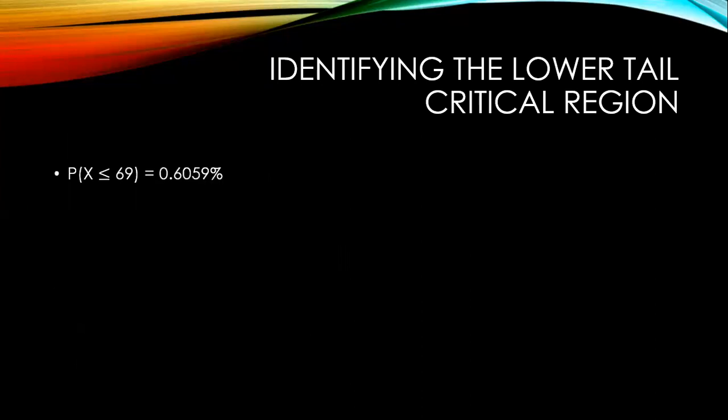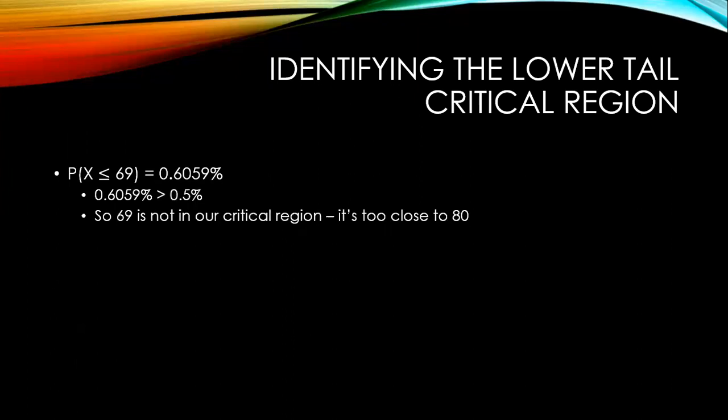So I'm just writing out the probabilities we just got. With 69 or fewer successes, we had a 0.6% chance, and that's bigger than 0.5%. That tells us that 69 is not in our critical region. So the probability that we get less than or equal to 69 successes from our investigation about brown eyes is bigger than the 0.5% significance level, so bigger than the 0.5% chance to reject H0 in the lower tail.